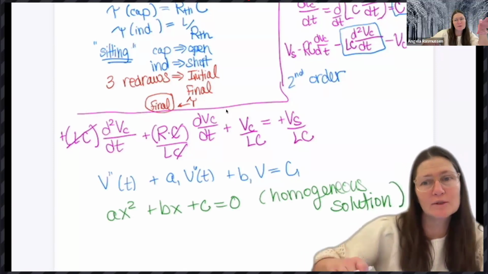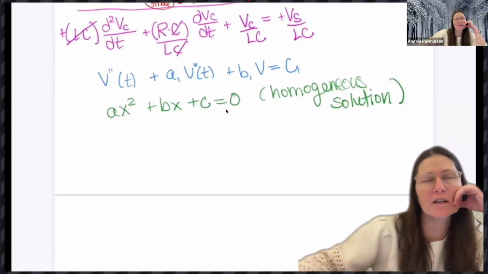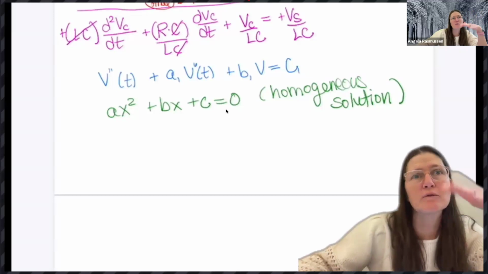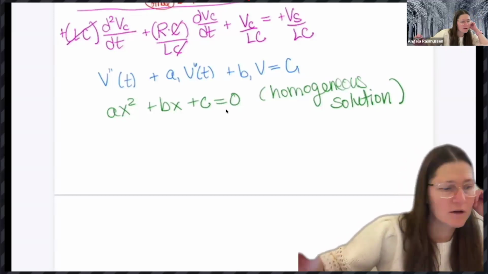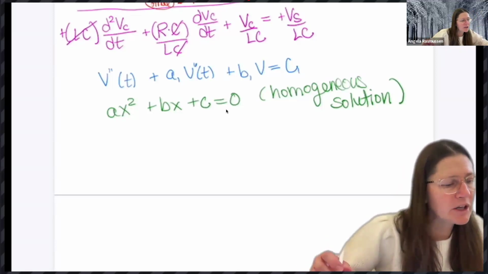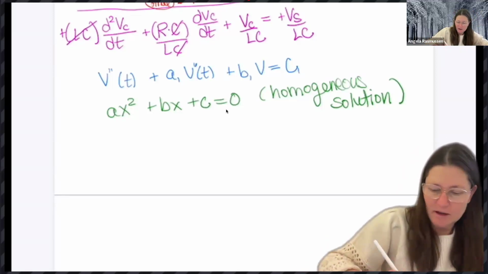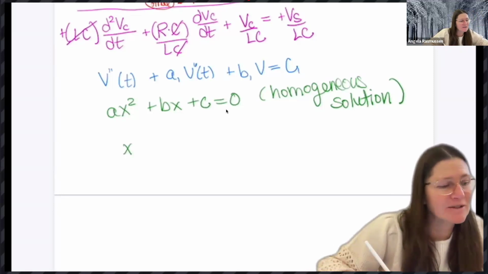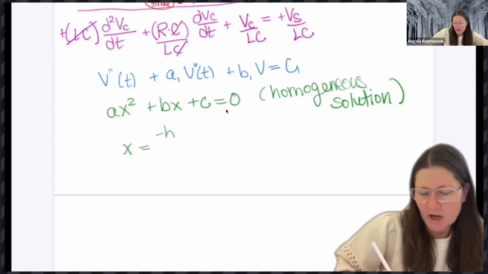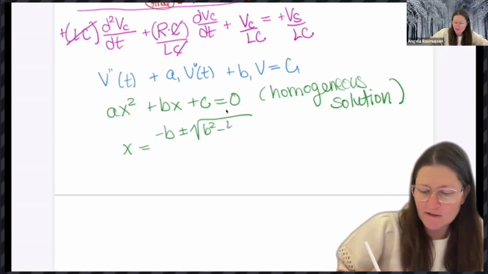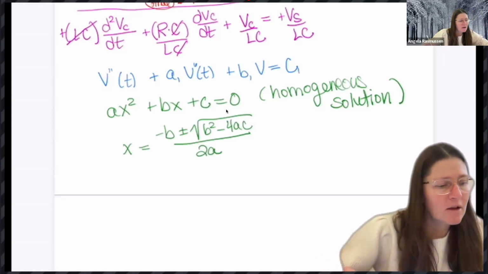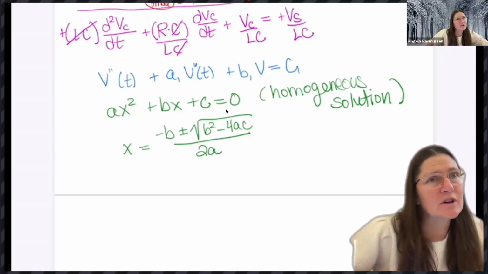We can get a solution with that, and then we can get a solution with a forcing function, and then you can add the two together. So looking at just this, if you remember, a quadratic is solved by minus b plus or minus the square root of b squared minus 4ac, over 2a. So these will give you the roots of the system.